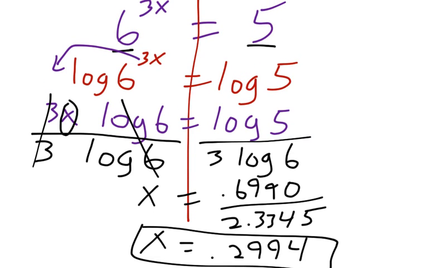And now that I have my answer, I'm just going to see if it's reasonable. This is saying 6 to the something power equals 5. Well, 6 to the first power is going to be a number bigger than 5. 6 to the first power would equal 6. So I know that my exponent actually has to be less than 1.